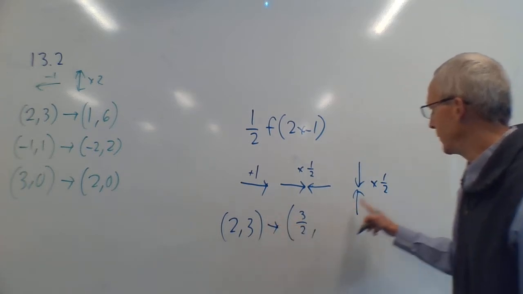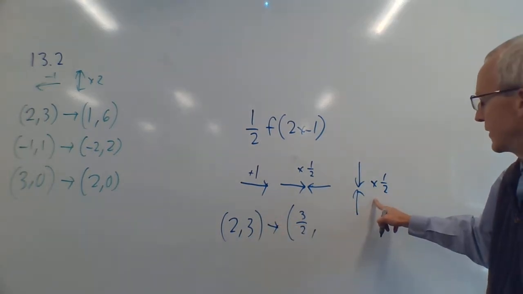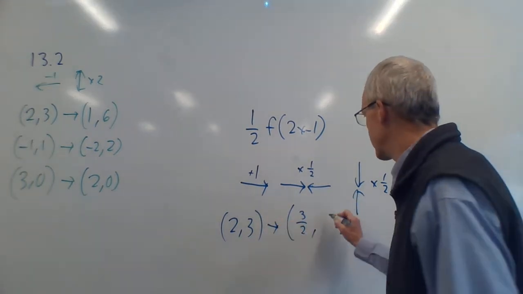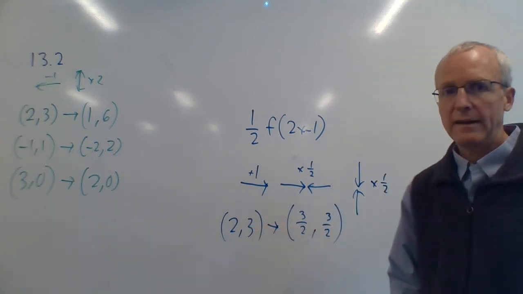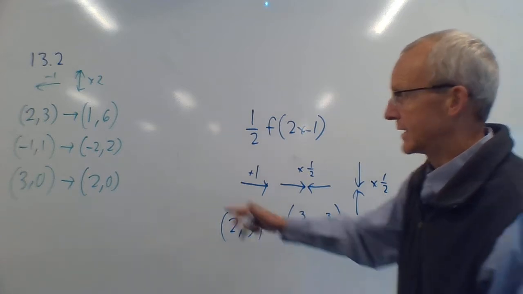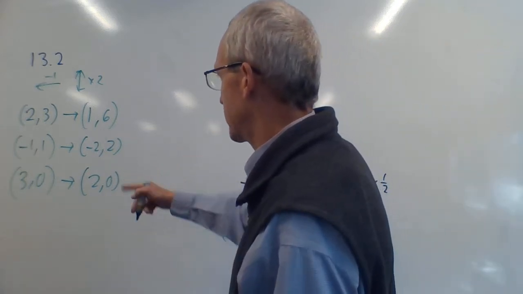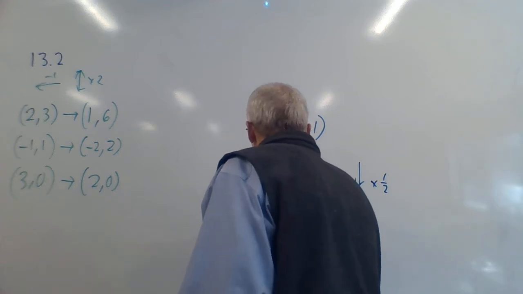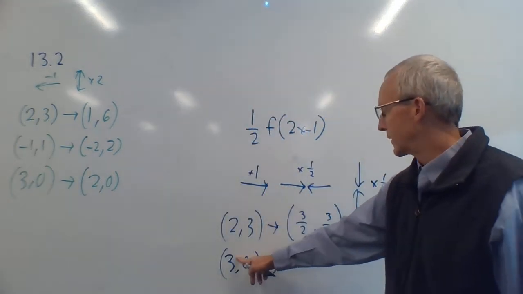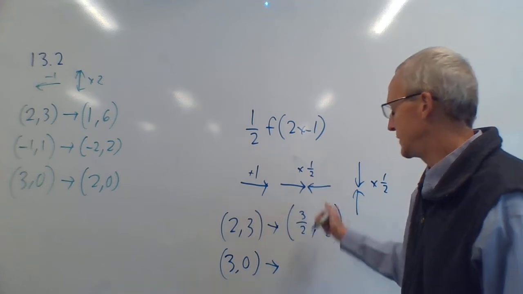And the y value, we only do one thing to the y value, so that's easy to do in our heads. We multiply by 1/2, so it's also 3/2. So the point 2, 3 goes to 3/2, 3/2. Let's do another point. Let's look at 3, 0. Okay, 3, comma 0. We add 1, make it 4, multiply by 1/2, that'd be 2.